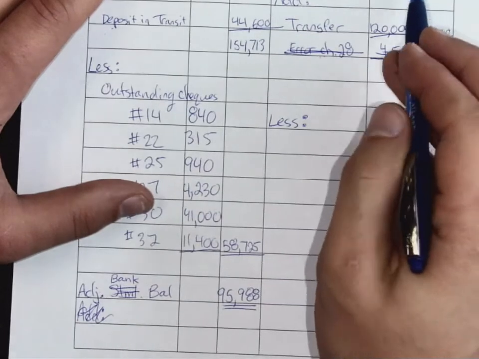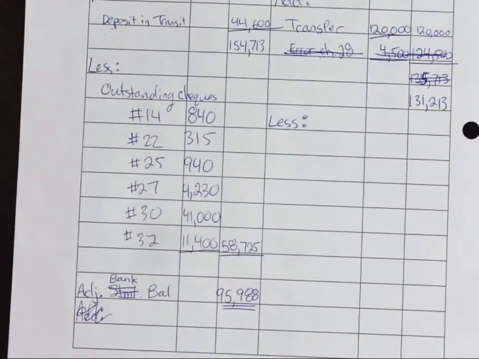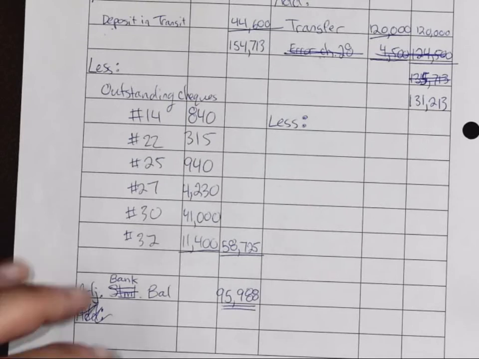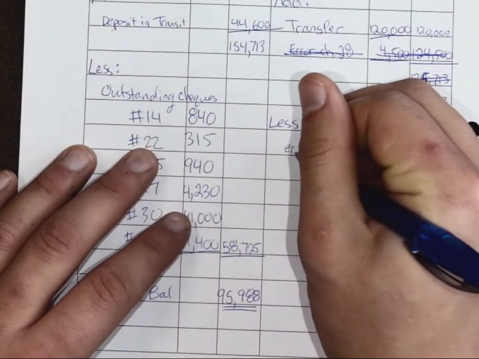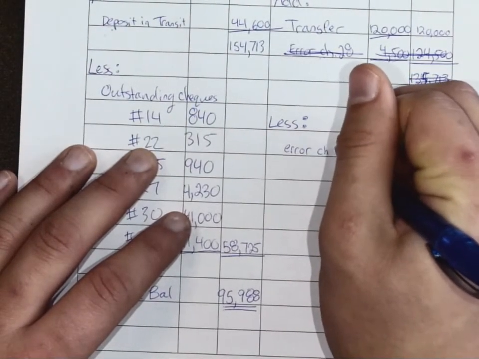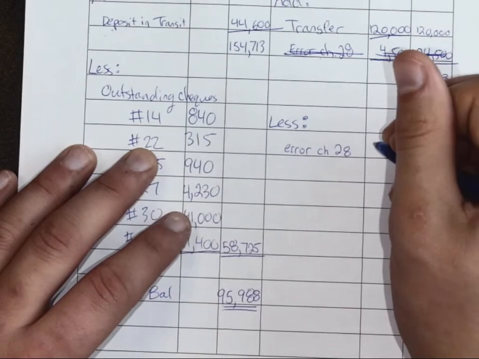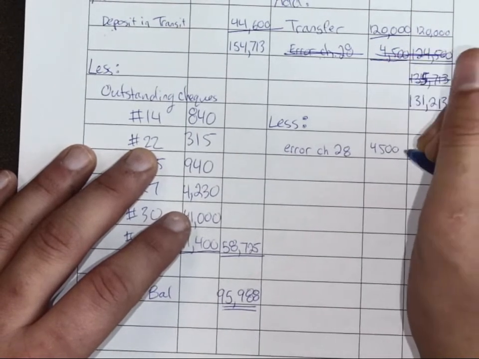So our book balance has a negative $4,900 in it because the book is correct, the ledger is correct, and the bank has negative $8,900. So to reduce, we need to reduce the book balance an additional $4,500 for it to match what happened in our account. So we can less error check 28. $4,500.